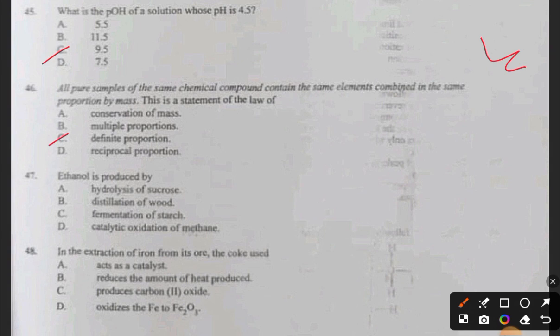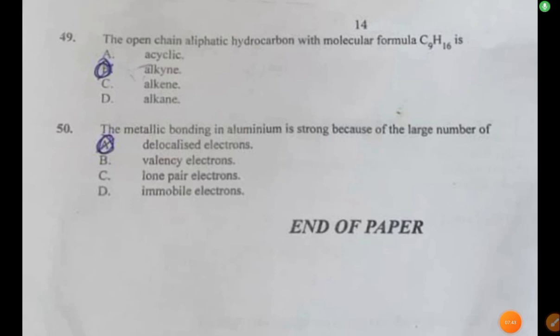Ethanol is produced by the fermentation of starch. So 47 is C. 48. In the extraction of iron from its ore, the coke is used to produce carbon monoxide. So 48 is C.